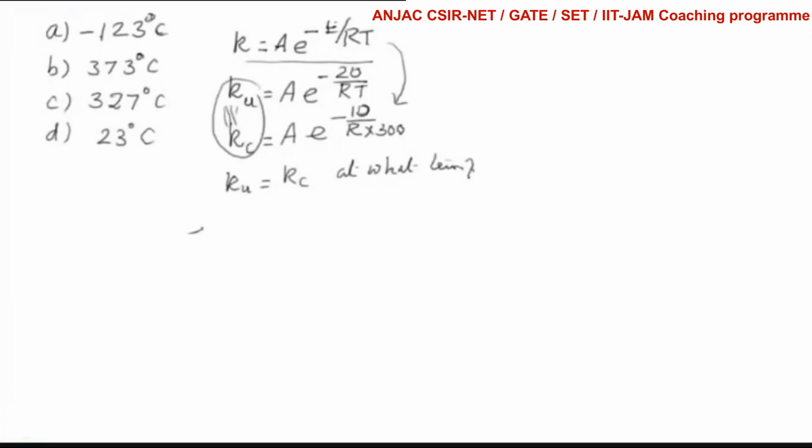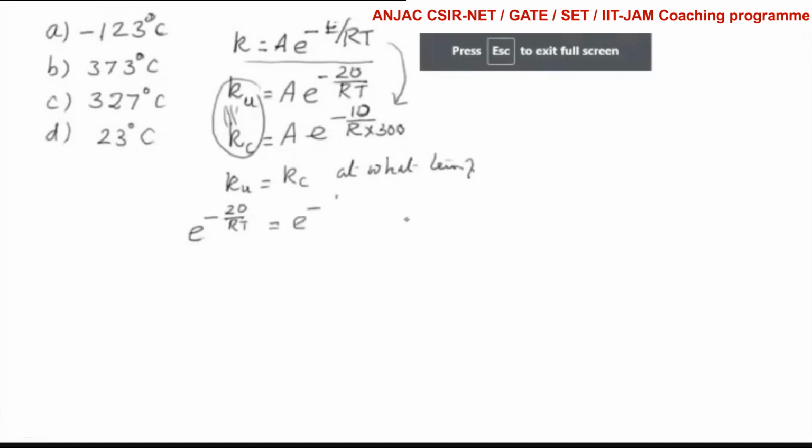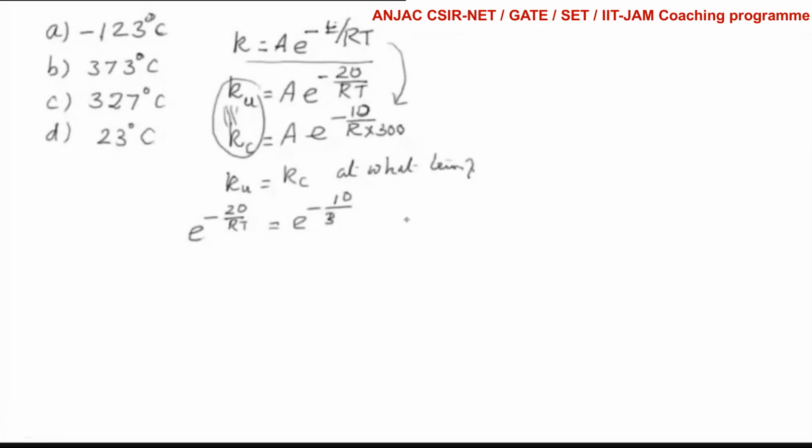Therefore, now your equation changes to minus 20 by RT is equal to e power minus 10 by 300 R. So minus 20 by RT is equal to minus 10 by 300 R. This R and this R cancel.